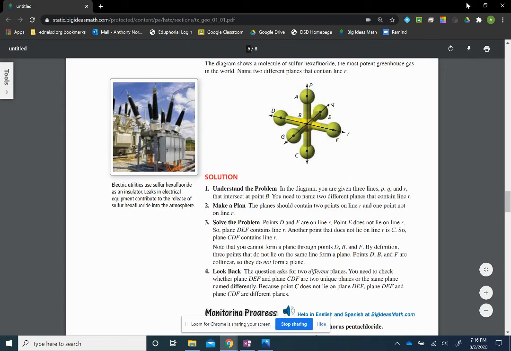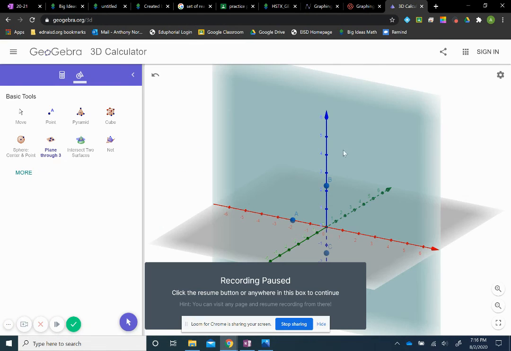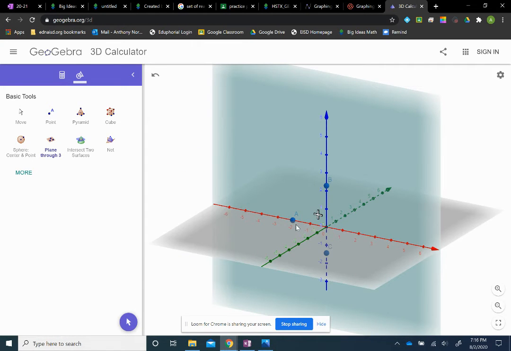Or to go back to GeoGebra, the phosphorus, we can have 3 points. So this is a line. This is a line, B and C. We pick 1 point not on it, and we have a plane. We'll pick 1 point not on it. It's the same plane. So we'll pick another direction.